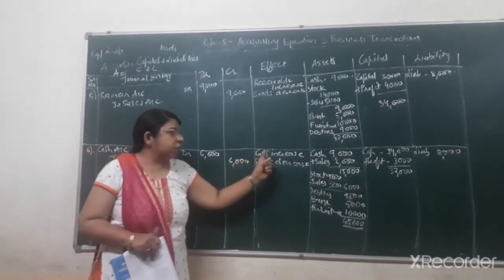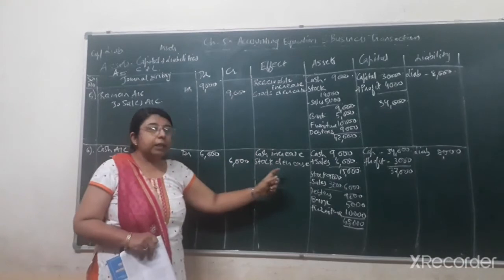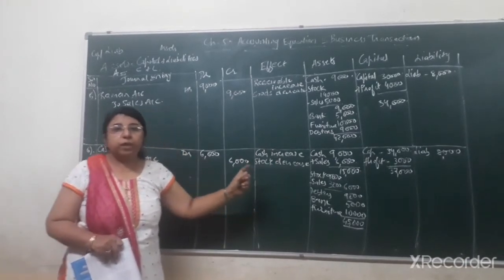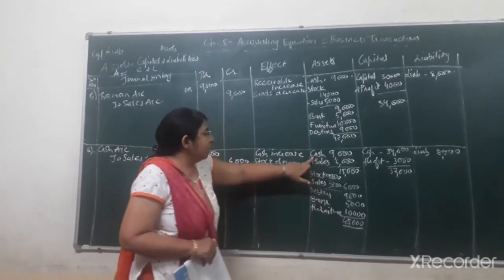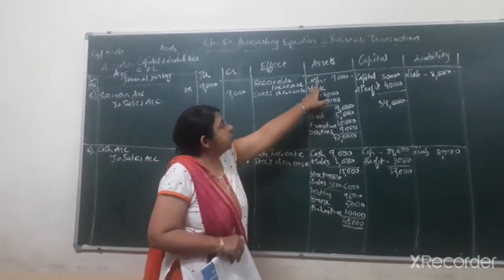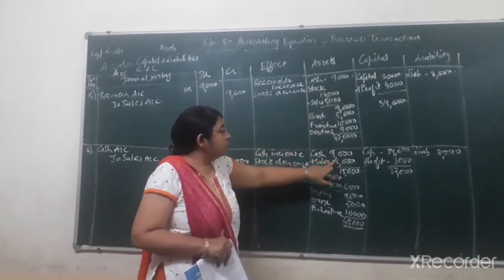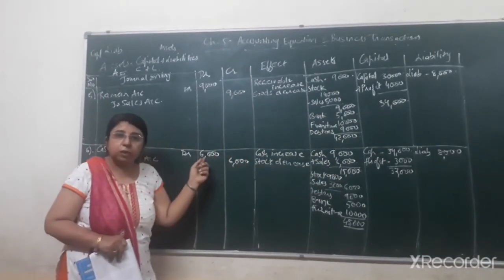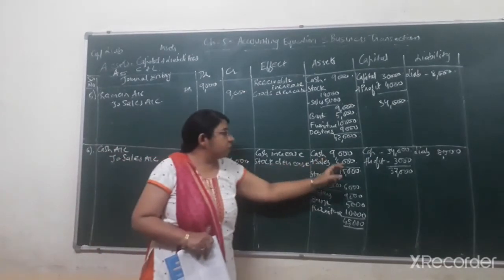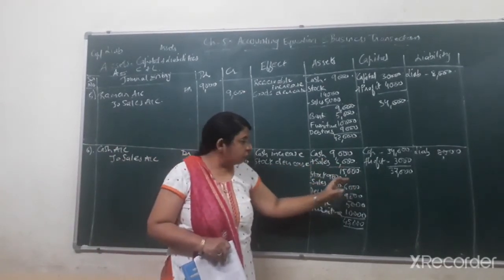Cash comes in, so cash will increase and stock will decrease by the amount of goods that we have sold. So now what would be the effect in the asset? Cash balance is increased. Previously the cash balance was 9,000. To 9,000 you will add 6,000, because you will receive 6,000 cash. So 9,000 plus 6,000 would come to 15,000.